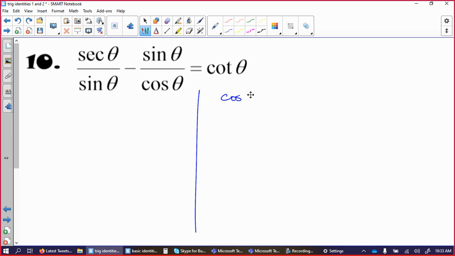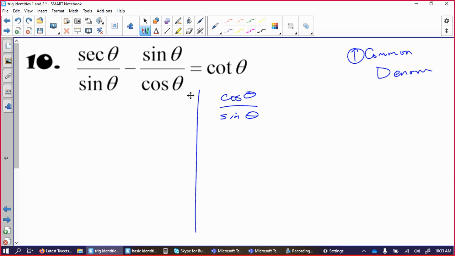Why do I want to keep putting a squared? There's no squared. Cos of theta over sine of theta. So I know I'm going to want something like that. I'm going to leave that alone for now. So this one needs a common denominator.